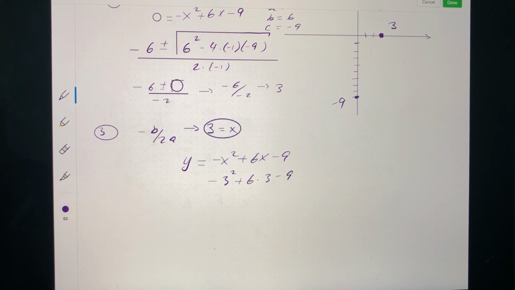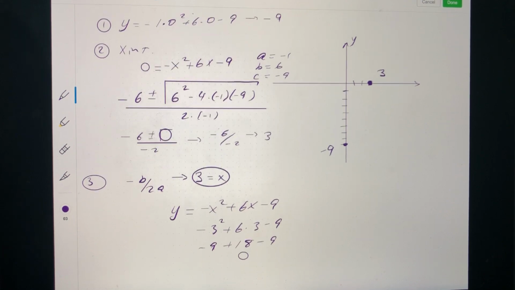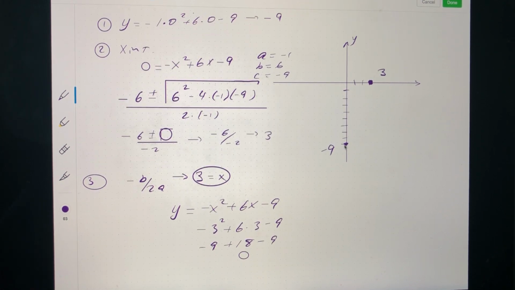Well, 3 squared is 9, so that's negative 9 plus 18 minus 9. And that actually happens to be 0, because negative 9 minus 9 is negative 18, plus 18 is 0. So we have found all of our information, and it's a parabola that's opening down and going through this negative 9 like this. So that's approximately what the sketch looks like with everything labeled.